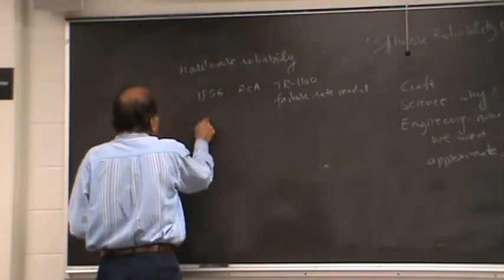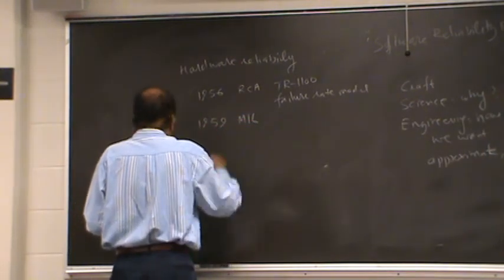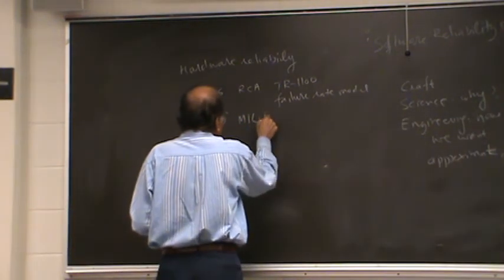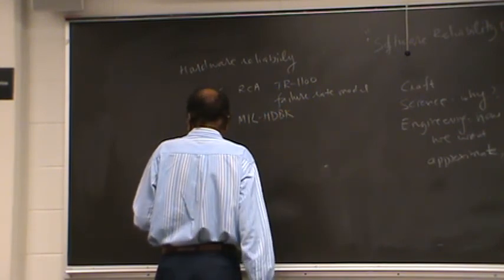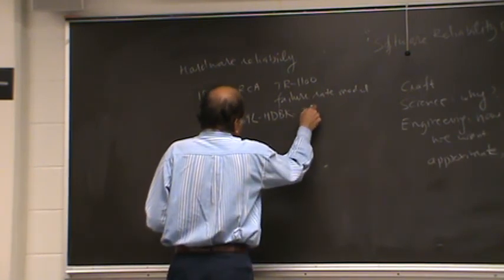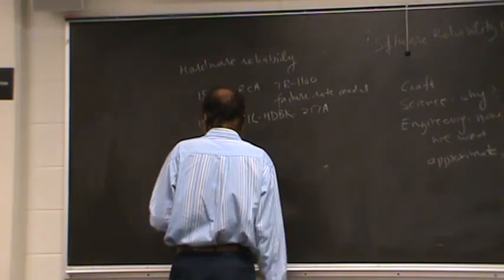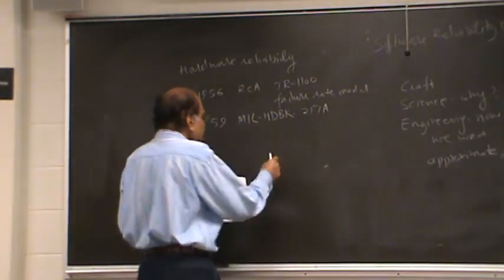And then in 1959, the military came out with the military handbook, HDBK 217A, for failure rate estimation.